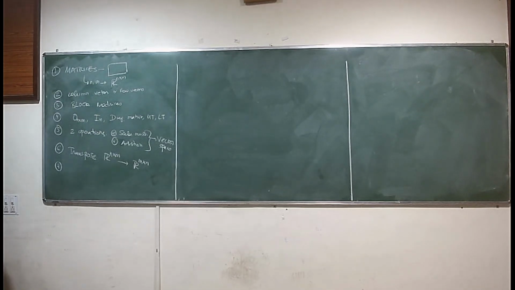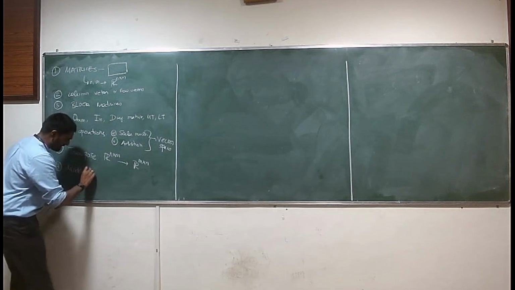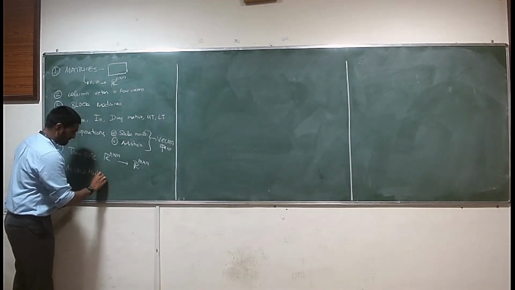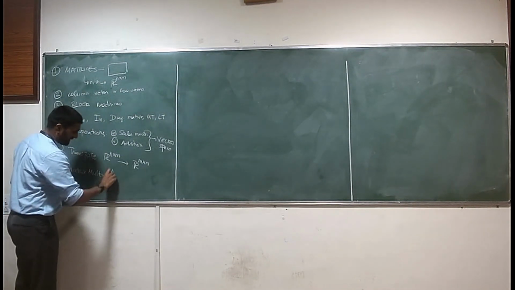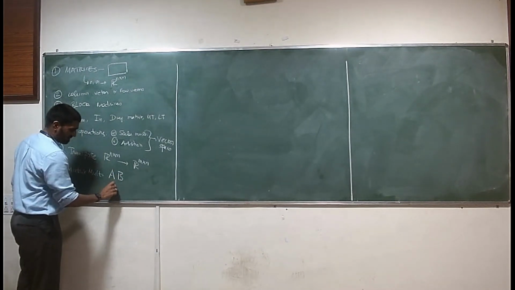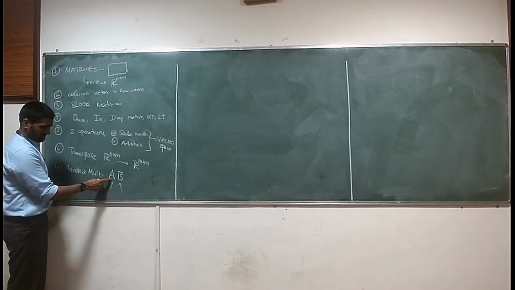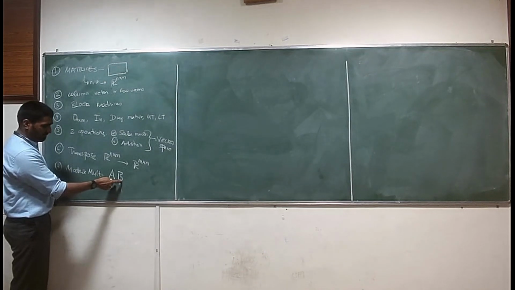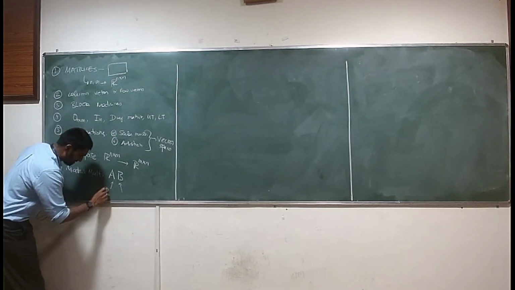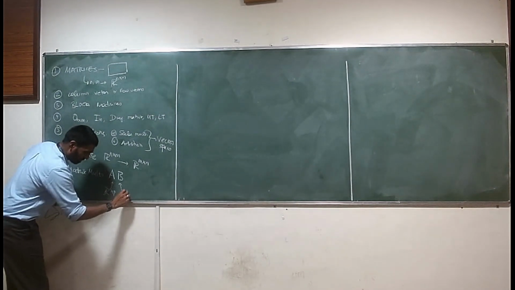And finally, we started discussing matrix multiplication. When can you multiply two matrices A and B? What is the condition on these two? Yeah, the number of columns in A should match the number of rows in B. So if this is n cross p, this has to be p cross something.